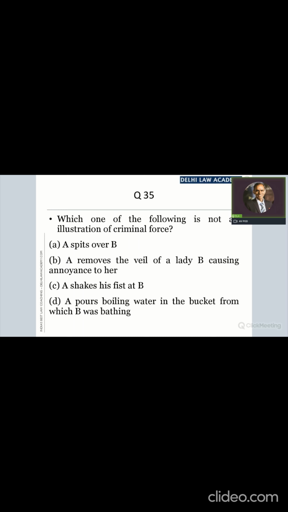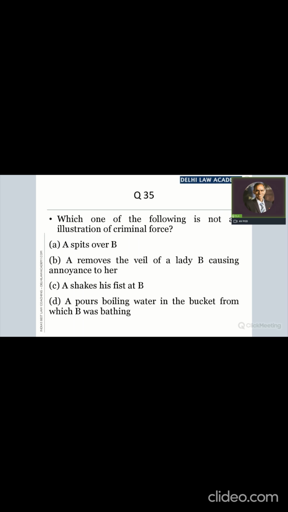So the facts as given are not complete to characterize option D as use of criminal force. From this we see that when options are to be given, proper mind has to be applied and proper facts have to be given. But our purpose here is to choose the best option or choose the option which is most obvious, most correct.